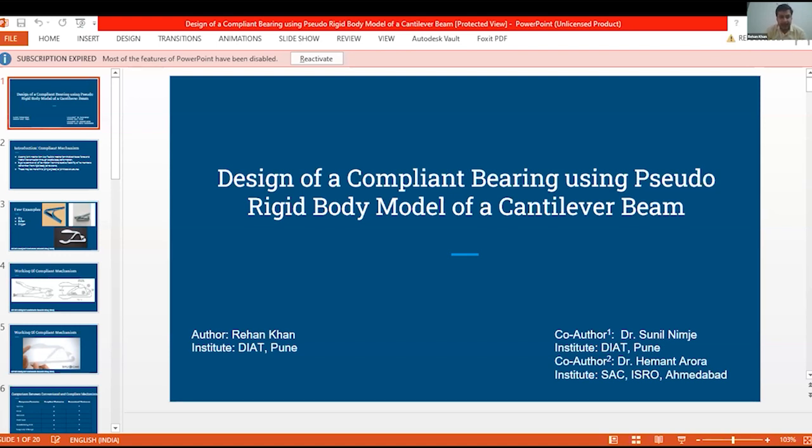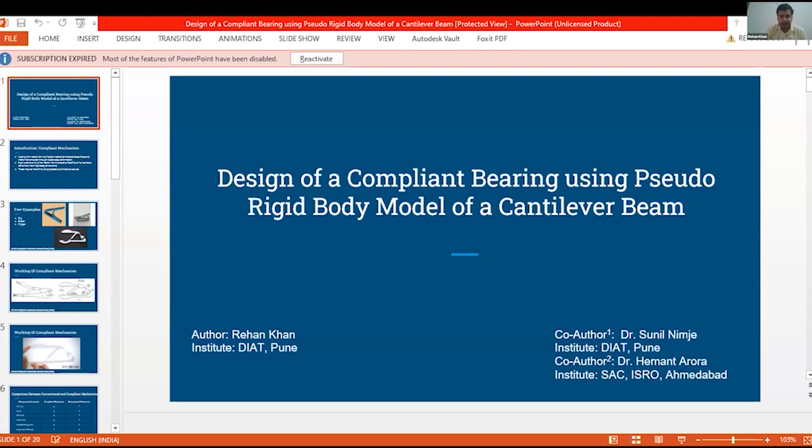The radius of the circular arc traced by the tip of the beam is given by 0.85 times the length of the beam, and the corresponding torsional spring stiffness is given by 2.25 times EI divided by L. Here E is the Young's modulus of the material of the beam, I is the cross-sectional moment of inertia of the beam, L is the length of the cantilever beam, R is the radius of the circular arc traced by the tip of the beam, and K is the torsional spring constant.